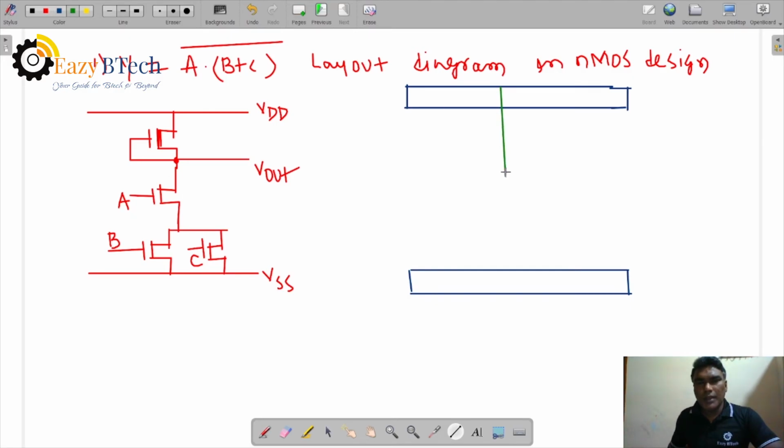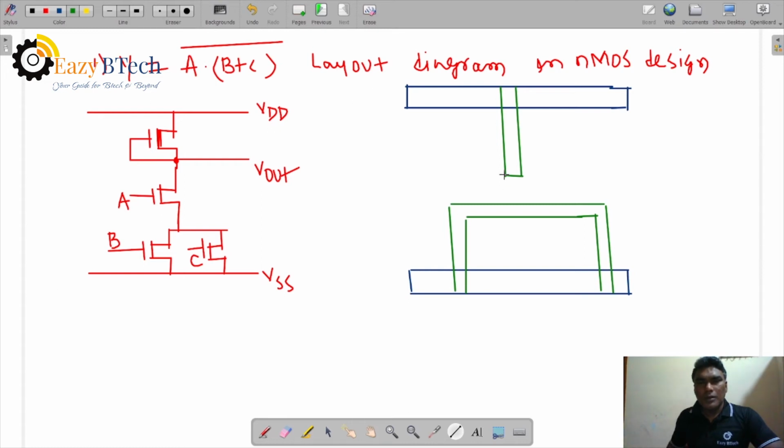You can take directly a single diffusion over here, and interconnecting from here to here, the drain, with green color.